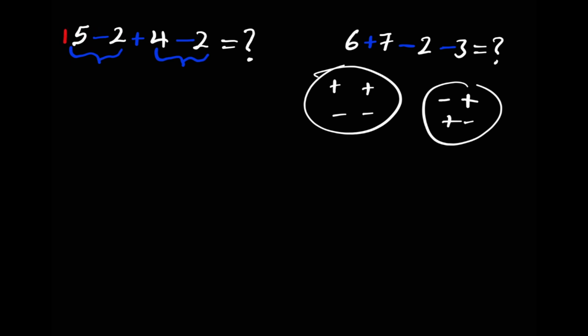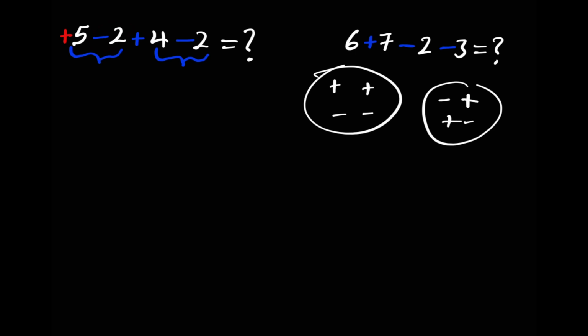So meaning the sign is a plus. Whenever we have a number like 2 or 1 written without any sign, the convention is that it is positive, okay? So this is a plus 5. And then we have a minus here. So that's a negative 2, okay?